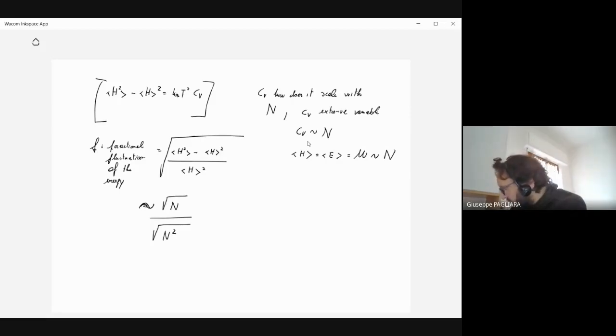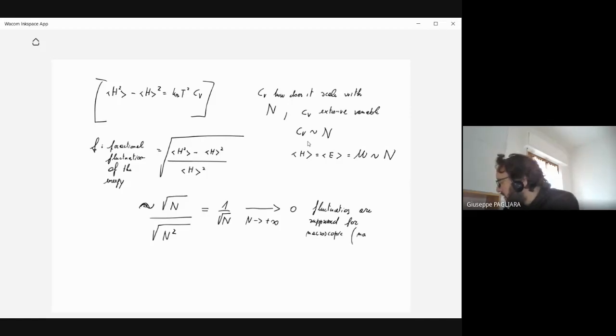Therefore, this scales as 1 over square root of N, which goes to 0 rapidly for N going to infinity. This means that fluctuations are suppressed for a macroscopic system, or if you want, a many particle system.